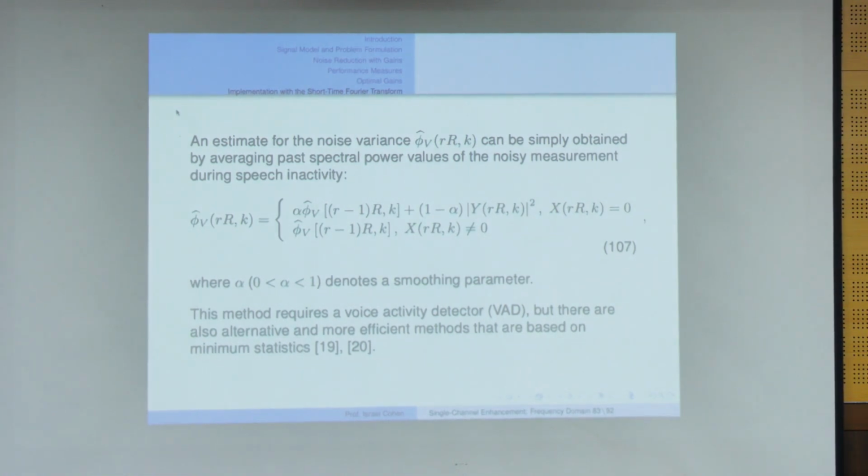But you need to know if the noise is stationary, because you calibrate or make measurements during inactivity of the signal, so you assume that the variance remains the same when there is a signal. Yes, but maybe you have other interferences which are non-stationary. But if it's stationary, it's okay. So you estimate during inactivity.